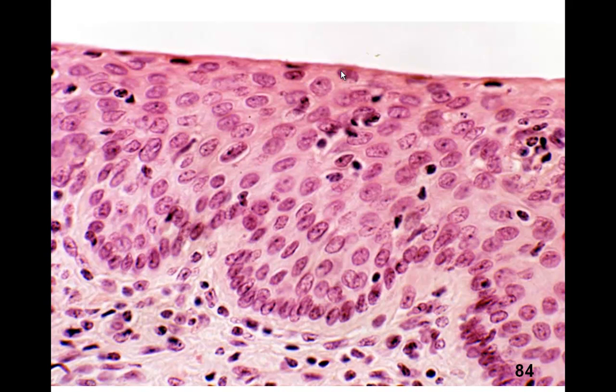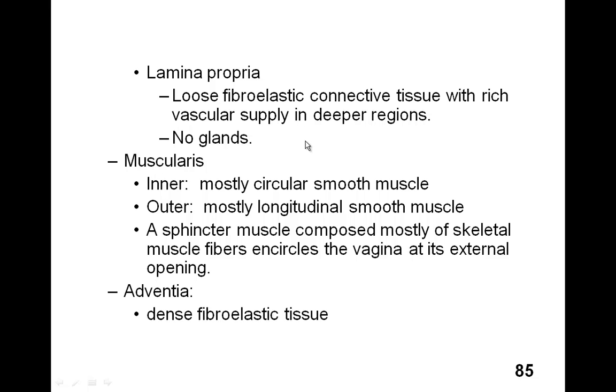Notice the nuclei in the surface cells. In our lab, we'll be looking at a slide that's taken through the cervix and the vagina. It's a longitudinal section, so you will be able to identify the cervix and the vagina and distinguish between the two, both by the projection of the cervix as well as the change in epithelium.